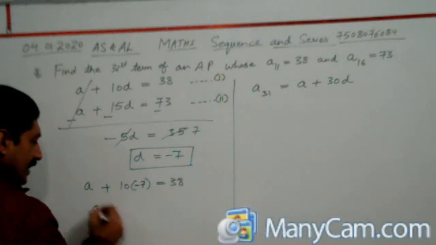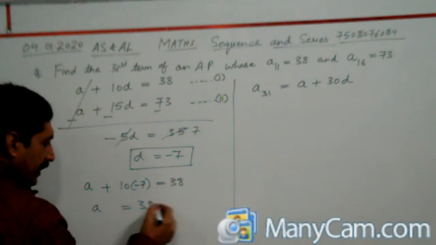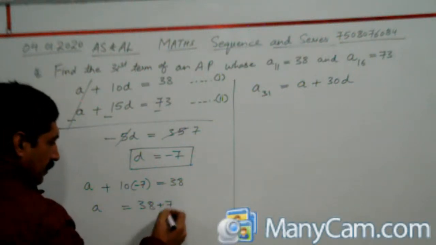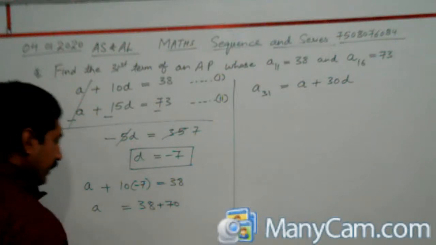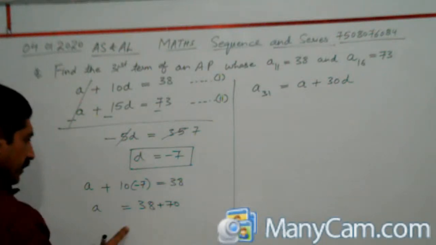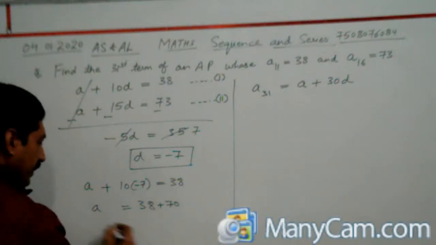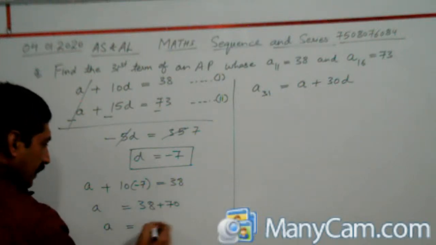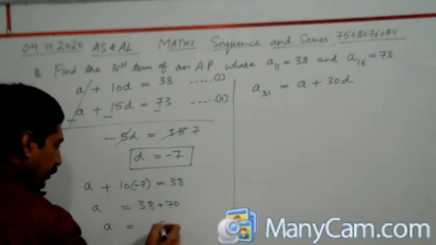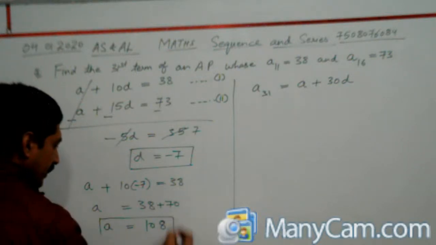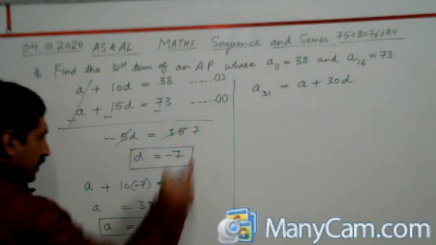So what is a? a is equal to 38 plus 70, right? So what is that? 108. So the first term of the AP is 108. a is 108, d is minus 7.